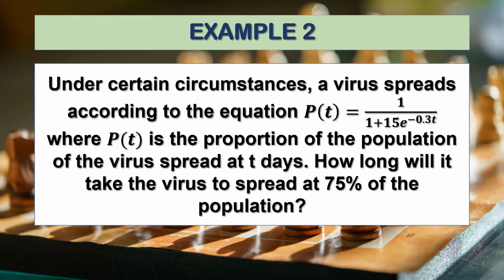How long will it take the virus to spread to 75% of the population? So this is the mathematical model, or the formula, that we are going to use to find how long it will take the virus to spread to 75%.